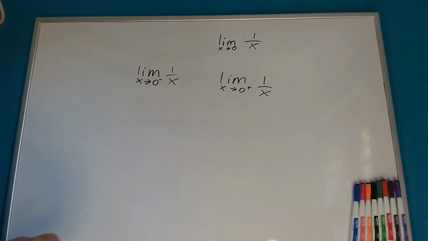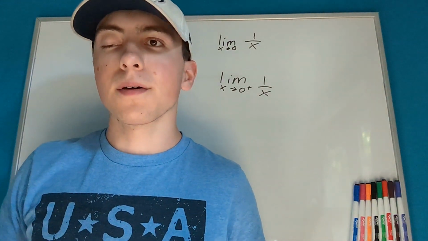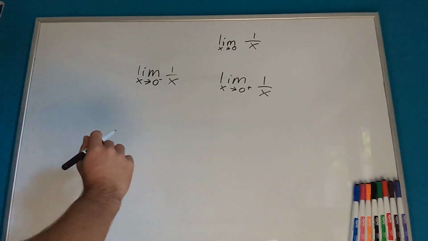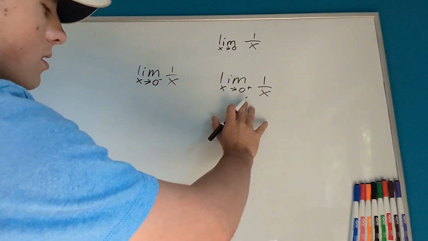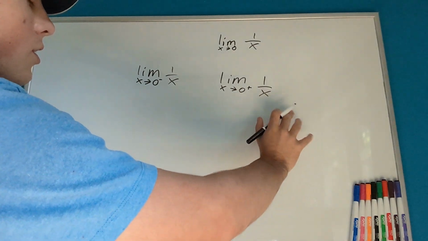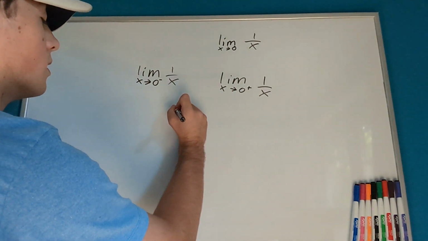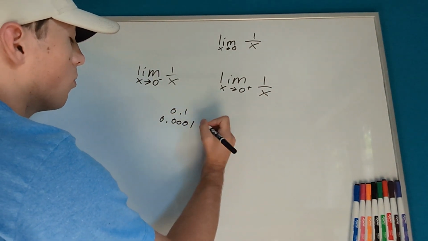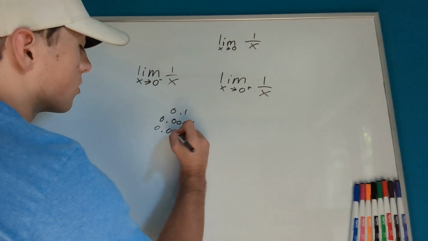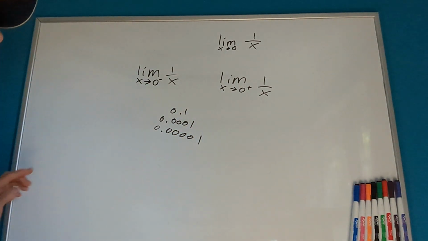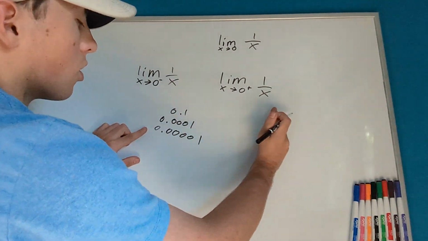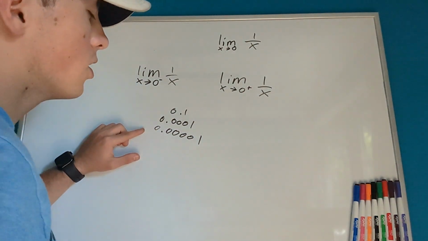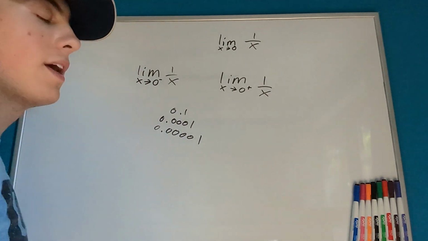All right, so I encourage you to put this in your calculator and see what you get. As you go from values like 0.1 to 0.0001 to 0.00001, right, as we get closer to 0 from the right side, we can notice that this will approach positive infinity.